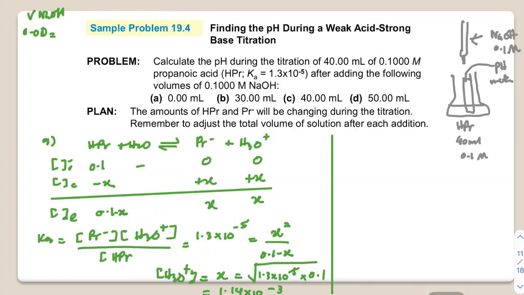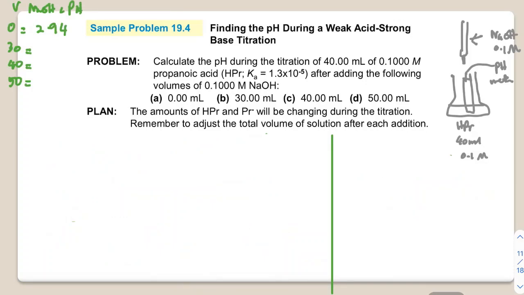So we have the concentration of H3O plus, and we can calculate the pH, which is equal to negative log of the H3O plus concentration, negative log of 1.14 times 10 negative 3, and it is equal to 2.94.